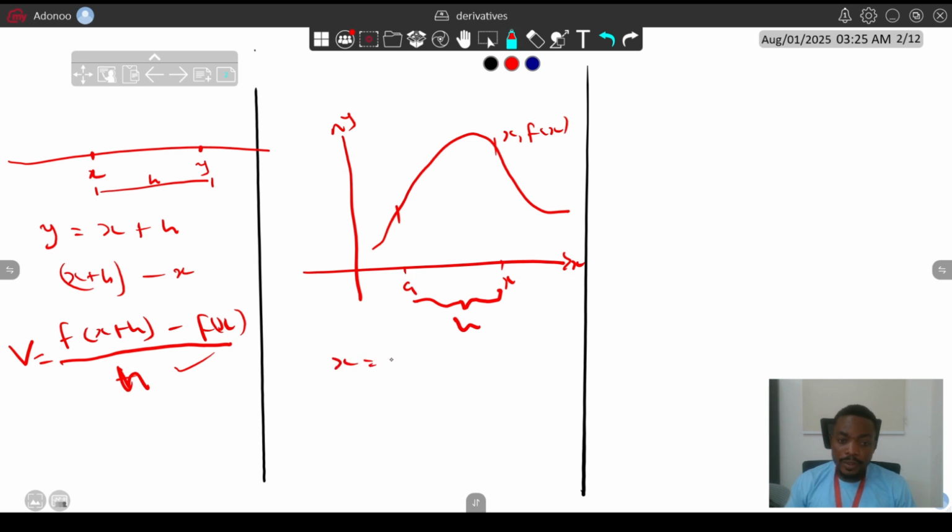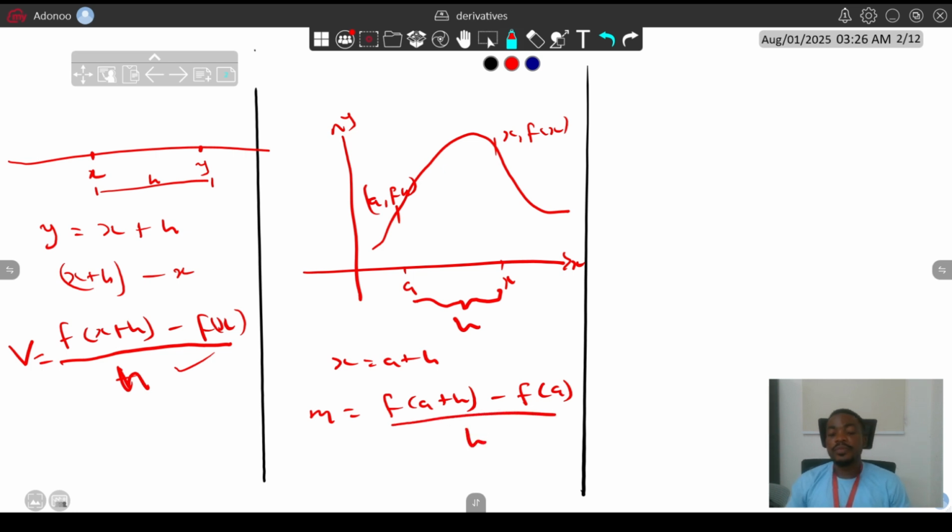So x is equal to a plus h. To write the gradient formula from here, we can say that m will be equal to f of a plus h minus f of a all over h. So basically, these two are the same.